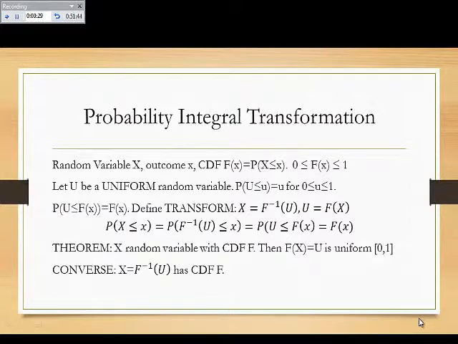Now chi-squared 2 happens to have a very nice property. It has a very nice integral, unlike the normal, which has a very bad integral, it's impossible to integrate. But chi-squared 2 is easy to integrate, and it leads to a very simple formula. But first let me explain the so-called probability integral transformation.